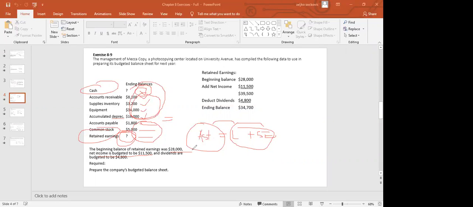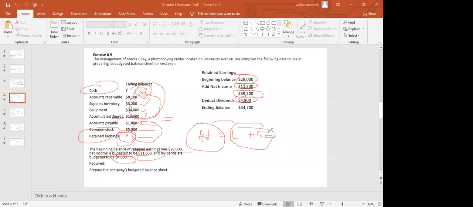Well, yes, I can. 28 is my beginning retained earnings. And then you had income of 11,500. You will add that to these retained earnings. So that's 39,500. But you paid some dividends, 4,800. Or it says budgeted. This is a little bit too detailed, but once you declare dividends, you deduct.